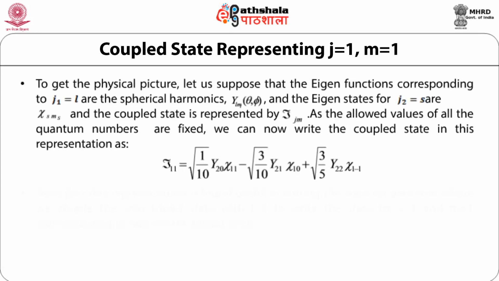Now to get the physical picture of the example that we just discussed above, let us suppose that the eigenfunctions corresponding to J1 equal to L are the spherical harmonics given by Y_L,M_L as a function of theta and phi, and the eigenstates for J2 equal to S are xi_S,M_S, and the coupled state is represented by tau_JM.